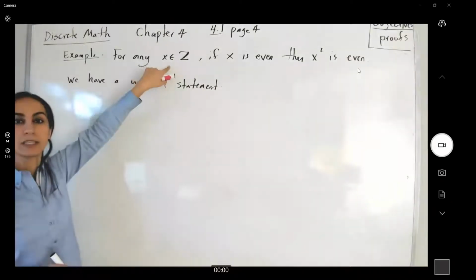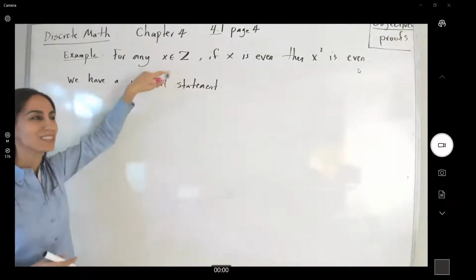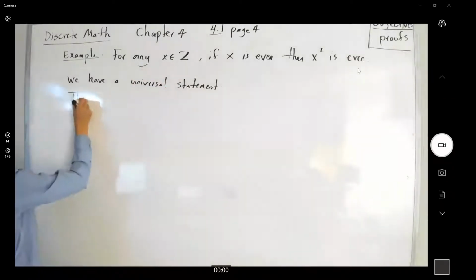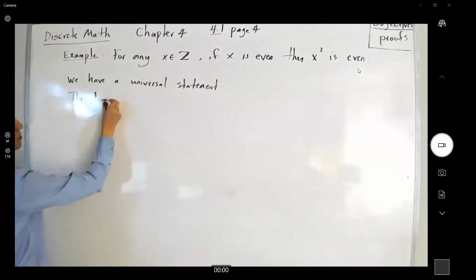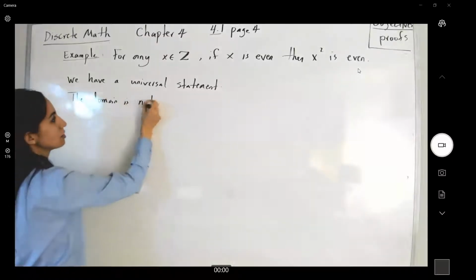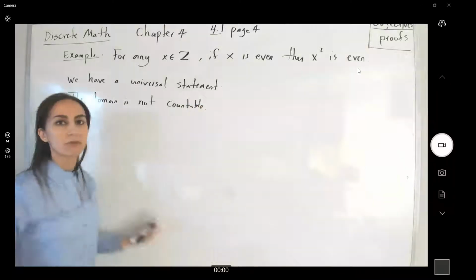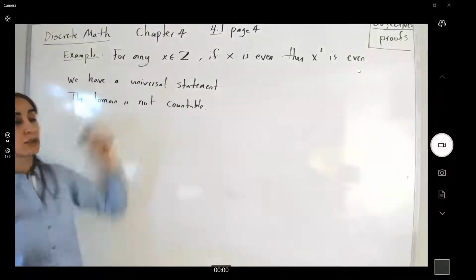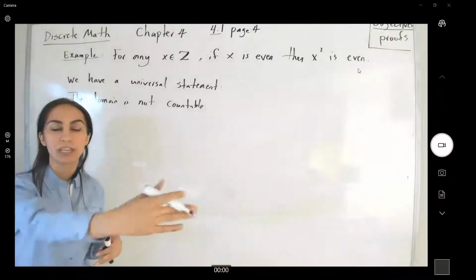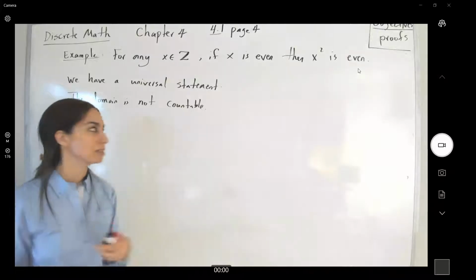Note that the domain is Z, the domain is not countable. So it means that we cannot take values from Z and check each one of them. It's impossible.